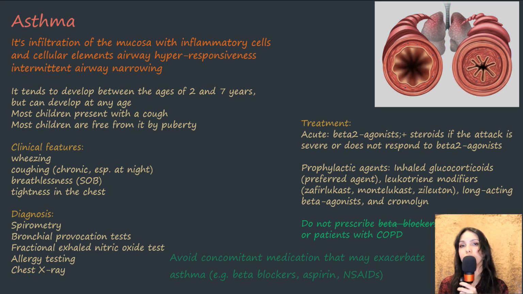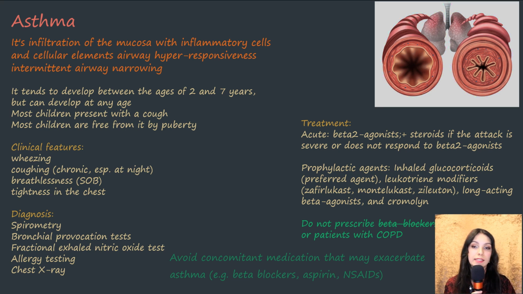If FEV1 is less than 80, so it's 80 to 60, it will be SABA and also LABA, so it's a short-acting beta agonist with a long-acting beta agonist and inhaled corticosteroids. And if FEV1 is less than 60, it will again be short-acting beta agonist, long-acting beta agonist, and inhaled corticosteroids, but the dosage will be more.